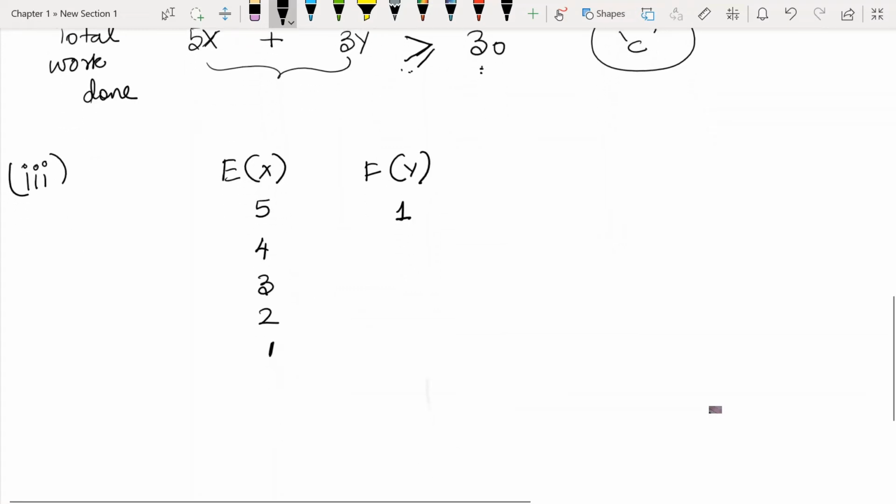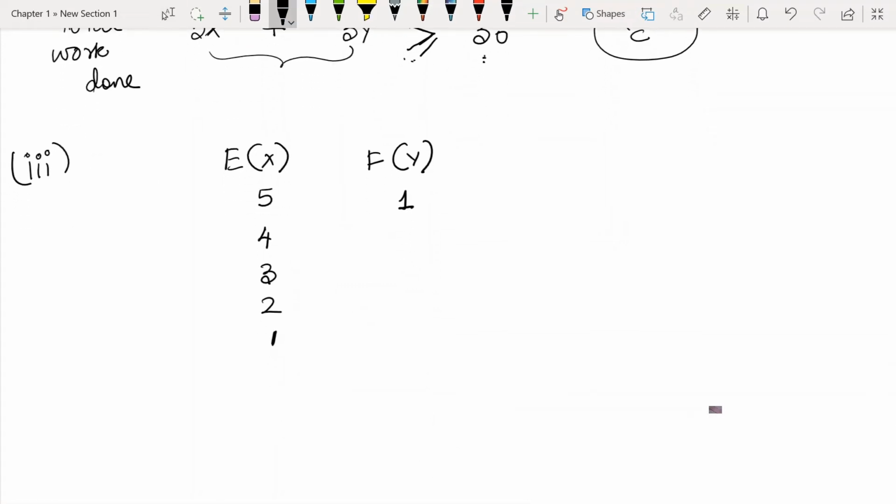So which means whenever I recruit 1 person, at the max I can recruit 5 or 4 or 3 or 2 or 1. So what I should do is, this is the smaller number and a single number. So when will this number be equal to this? When I recruit 1 person and I recruit 1 experienced person.